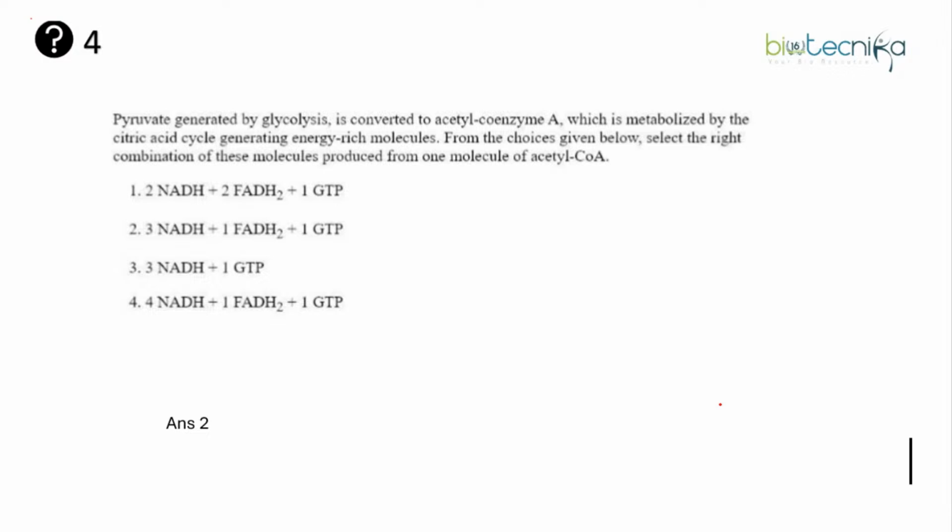It is saying pyruvate generated by glycolysis is converted to acetyl coenzyme A, which is metabolized by the citric acid cycle, regenerating energy rich molecules. From the choices given below, select the right combination of these molecules produced from one molecule of acetyl CoA.